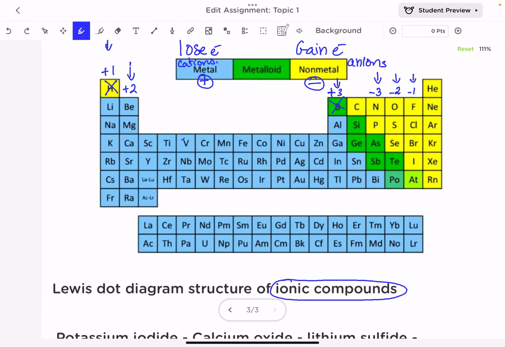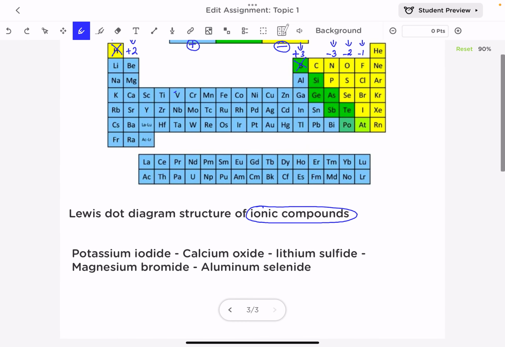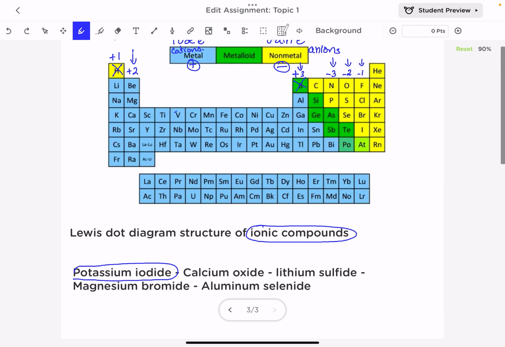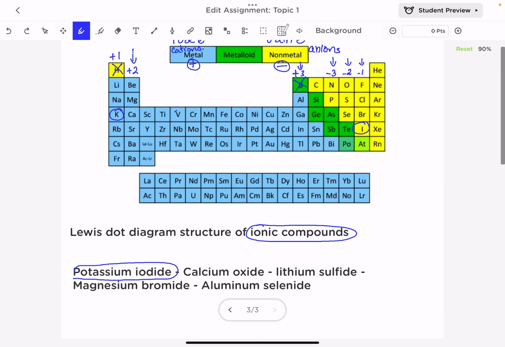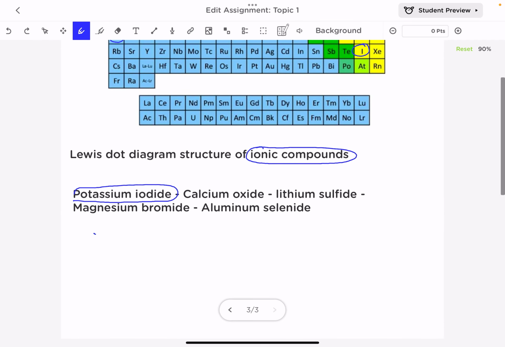So let's begin with our first example, the Lewis dot diagram of potassium iodide. First of all, where is potassium? This is potassium and here's iodide. Always follow this rule. You write the symbol of the elements before and then you separate them with an arrow and then you write them again after.